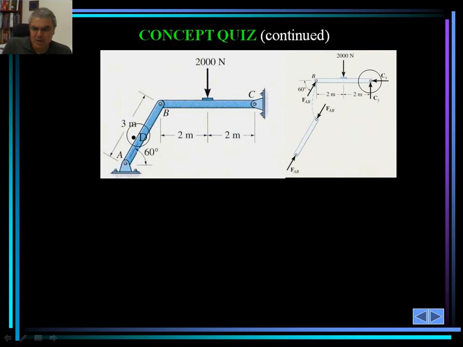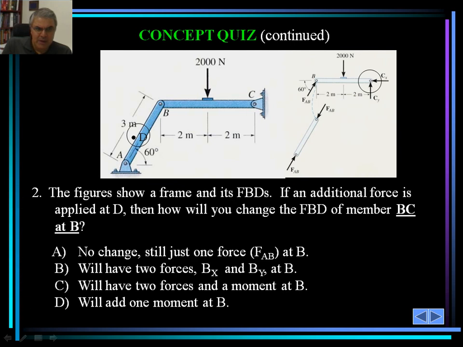So the second concept quiz is presented here. The figures show a frame and its free body diagrams. If an additional force is applied at D, then how will you change the free body diagram of member BC at B?